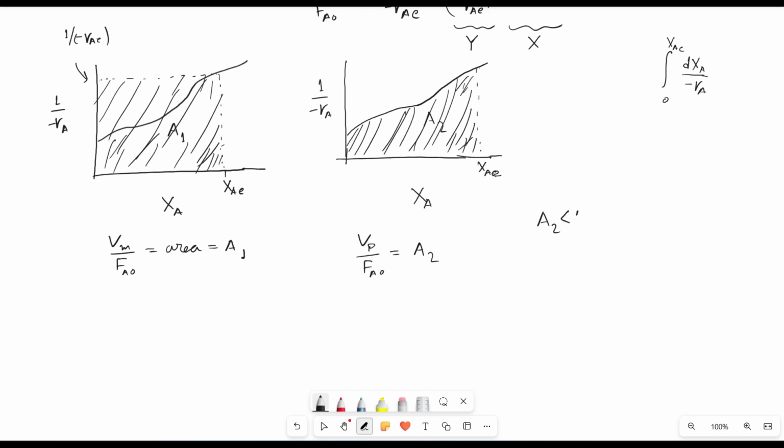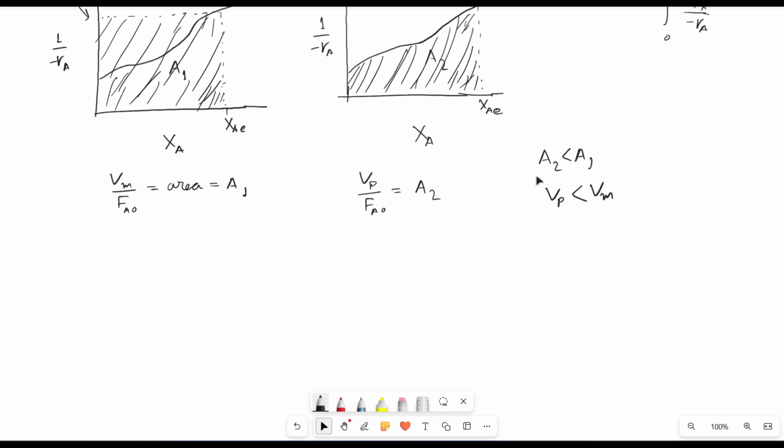Hence the volume required in plug flow is less than mixed flow. For this type of reaction curve, the plug flow will give the least volume and hence least cost. So this is a very important understanding.